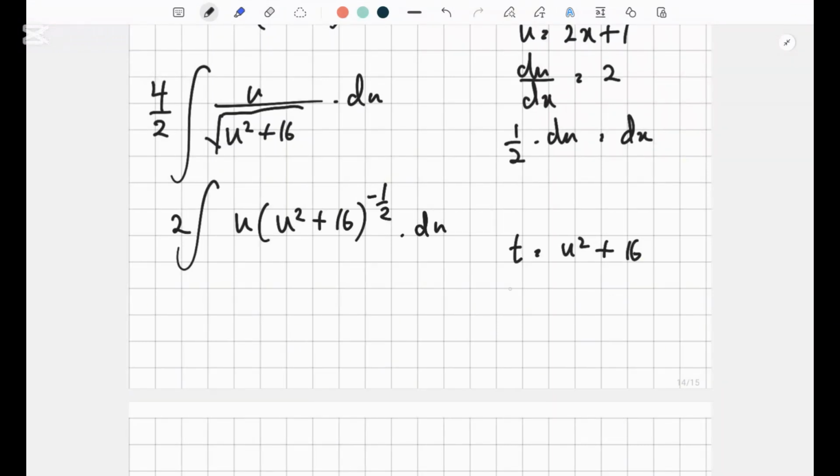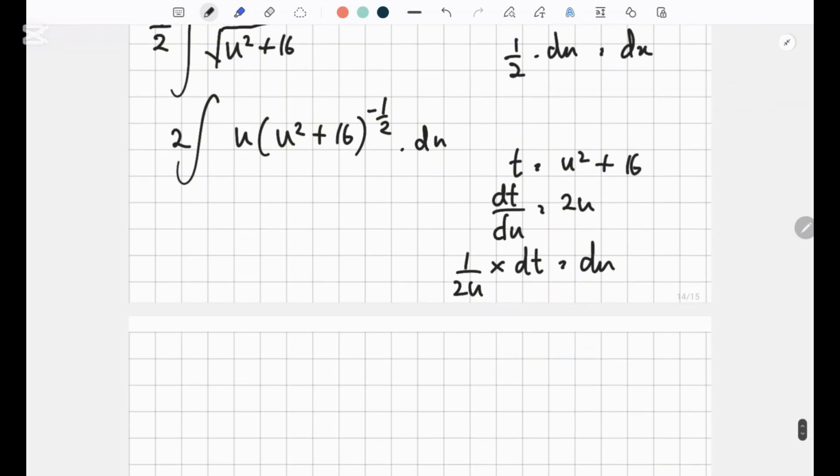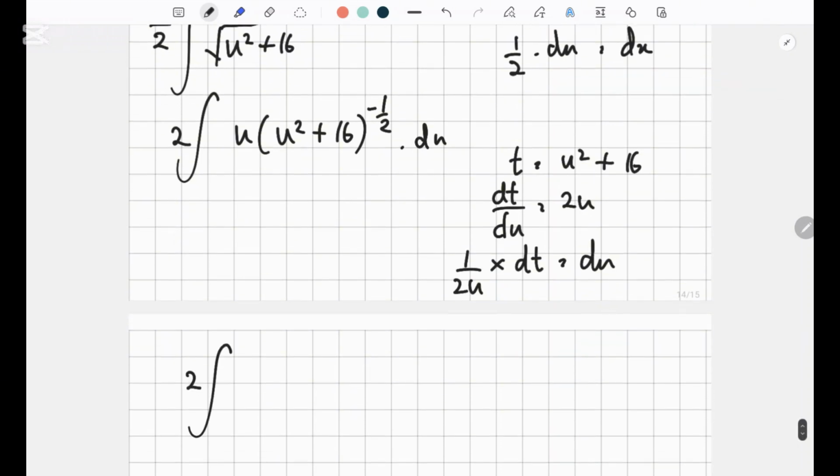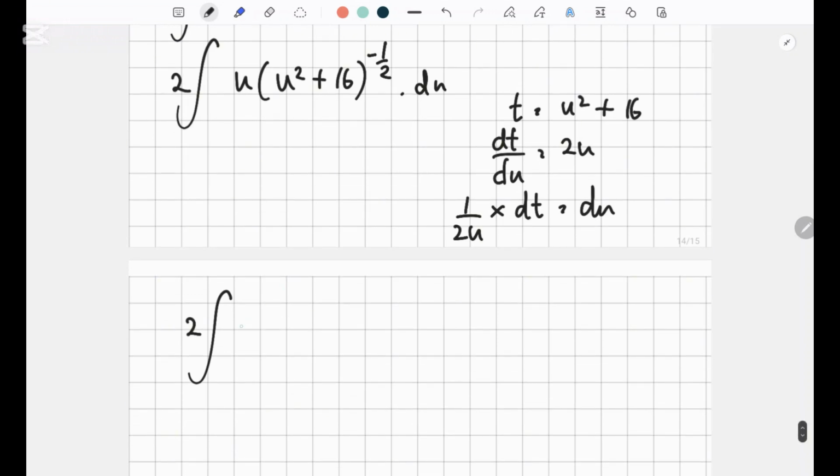Okay, so now you differentiate. We find dt over du equals 2u. That's it, right? And we substitute for du. So 1 over 2u dt equals du. So that is 2 into u squared plus 16.